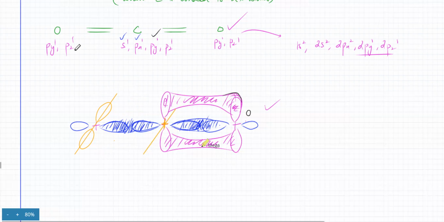So now here's your carbon atom. It also has a pz orbital, the fourth one. They both need electrons, and they start to overlap in front.